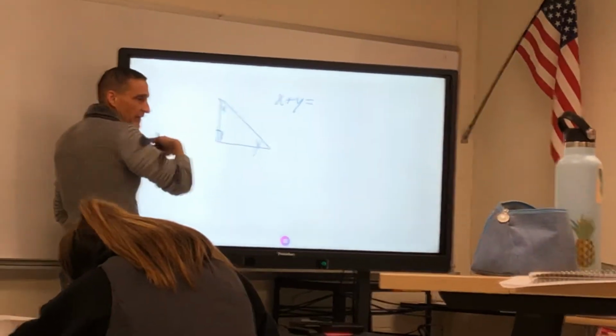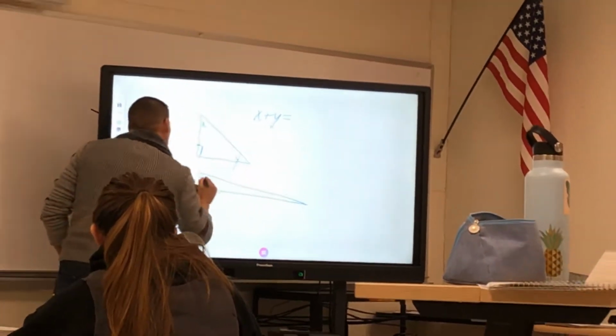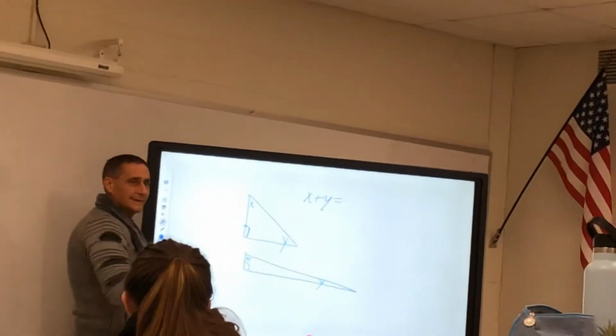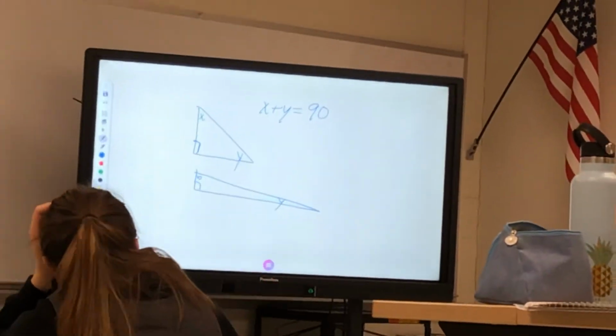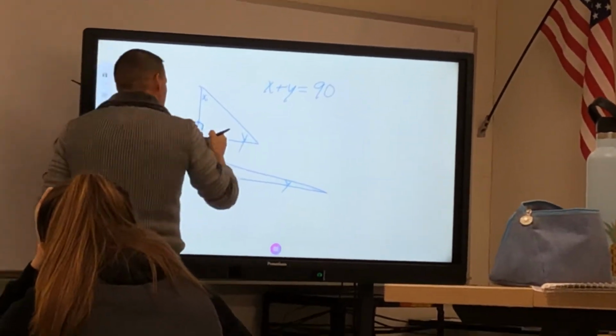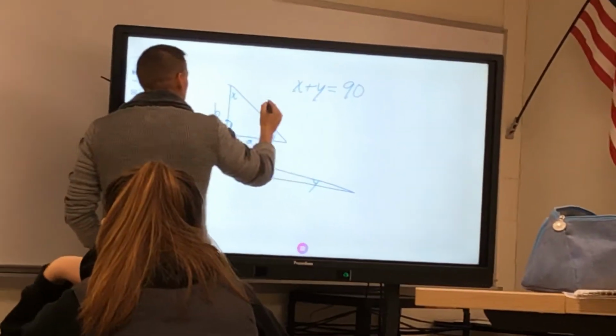They are complementary, period. Doesn't matter if it's that triangle or this triangle. What's true about angles X and Y? They have to add up to 90. Make sense? Okay.